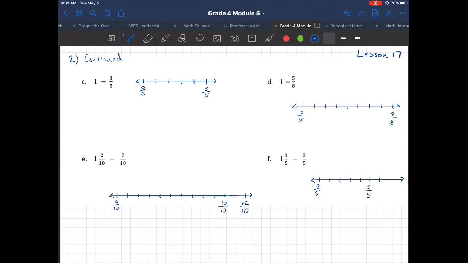Okay, C, 1 minus 3/5. So 5/5, of course, is the same as 1. Minus 3/5 equals 2/5. And there's 2/5 on the number line, and we're going to count up the 3/5. Here, I'll do single jumps this time. 1, 2, 3/5.